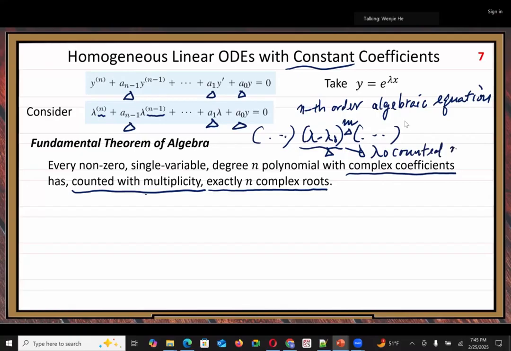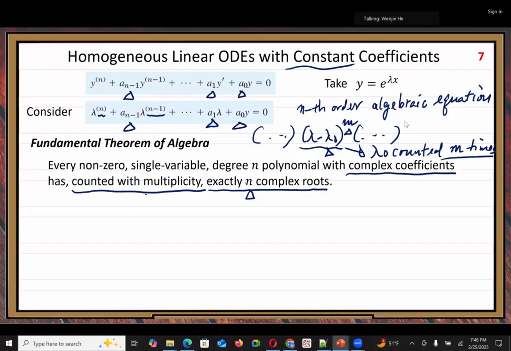Then you add all the counts of all the roots, and that number is exactly n complex roots. That's the fundamental theorem of algebra.